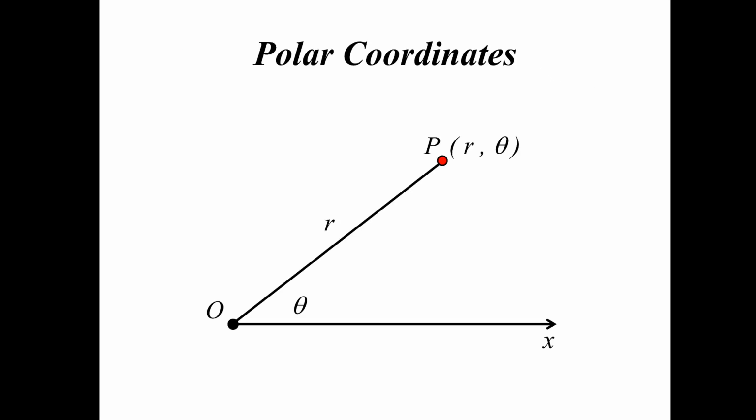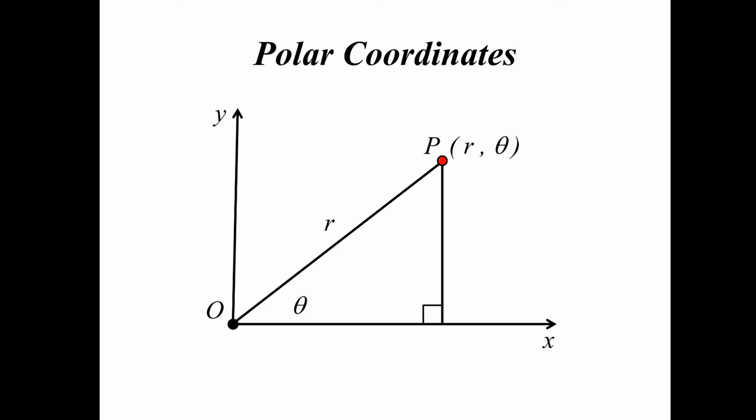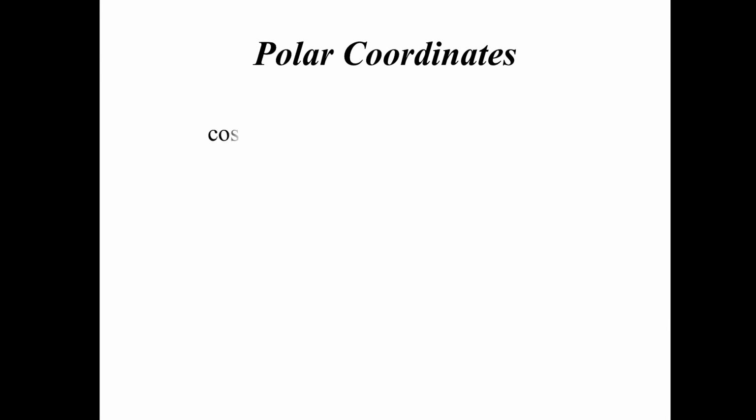Okay, so now let's see what else we have with polar coordinates. Let's say we have a right triangle here. Cosine of theta can be found by using x over r. Let's just solve for x first. So x can be written as r cosine theta if you cross multiply.